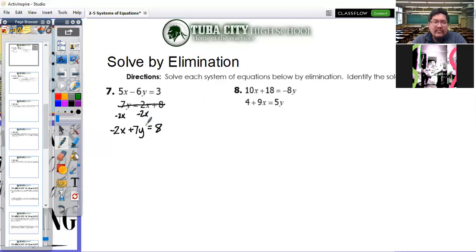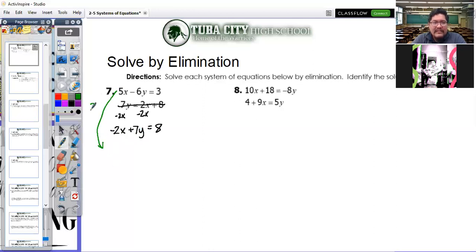Now that they're in the same order, let's try to get one of them to match coefficients. With 6 and 7, multiplying by 7 and 6 is not really going to work out that well because the earliest number they can meet up at is 42, and I want to keep these numbers small. Let's change the smallest amount of things as possible.